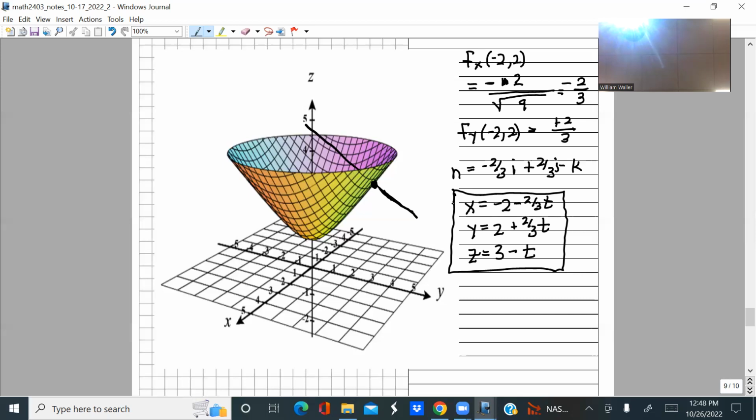Those peak or valley points will be local maxima or local minima. But what's going to happen to the tangent plane at a peak or a valley? The tangent plane is going to be flat, right?